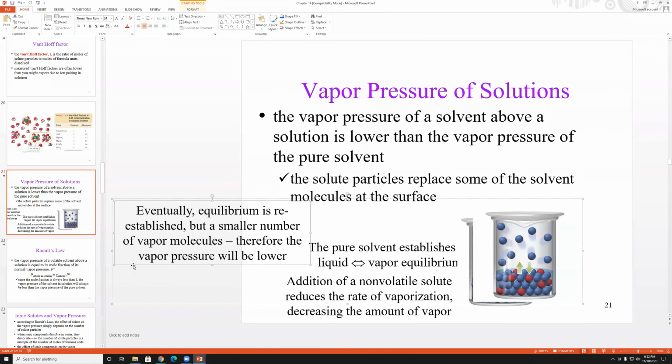All right. So next thing is the vapor pressure of solutions. The vapor pressure is the pressure above a solution. What happens to the vapor pressure when you make a solution rather than just a solvent is that the vapor pressure decreases compared to the vapor pressure of the pure solvent.